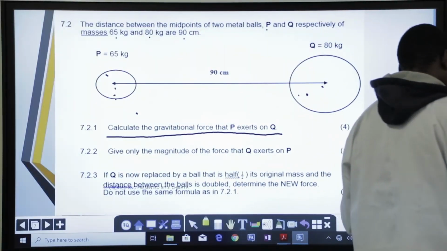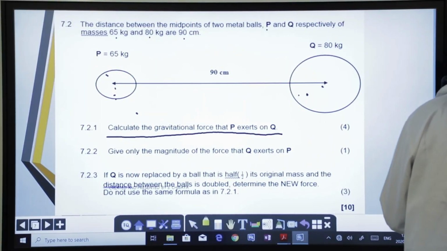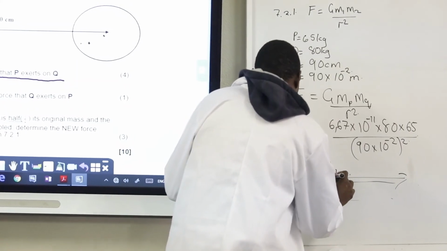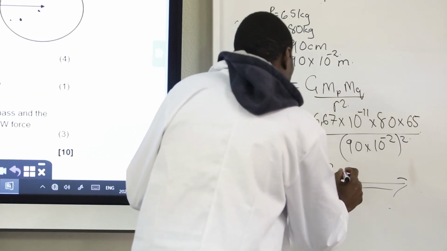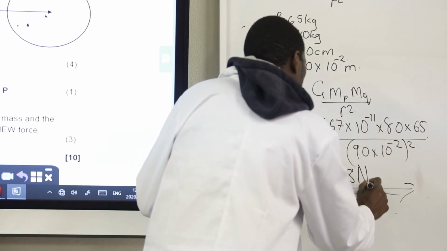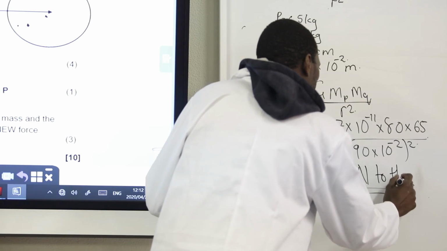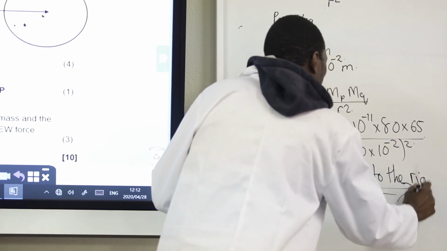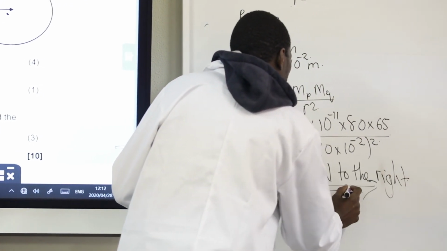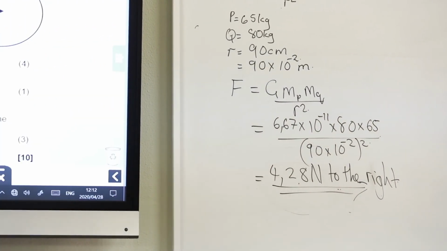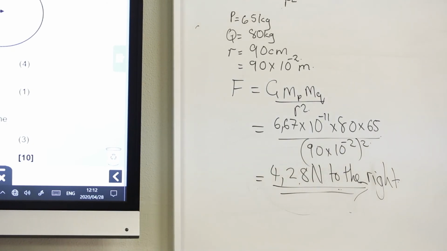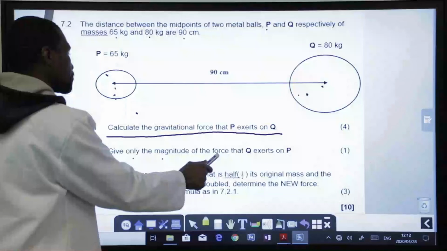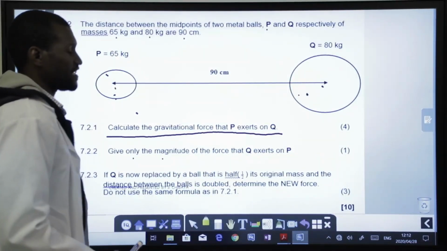Our answer there is a force of 4.28 newtons to the right. Why? Because force is a vector quantity. Very interesting. All right. Give only the magnitude of the force Q exerts on P.